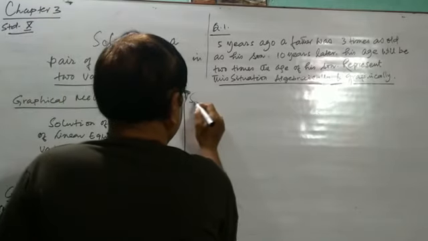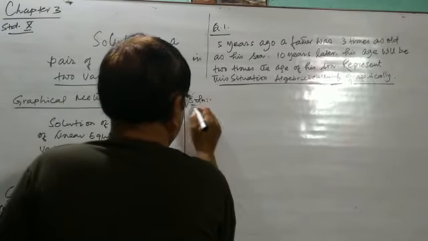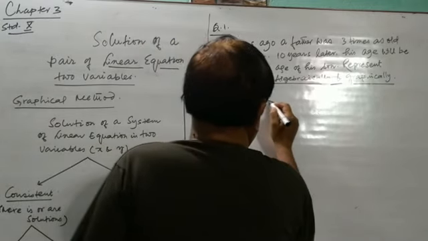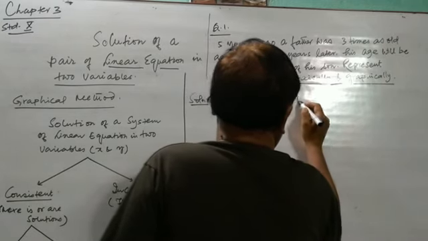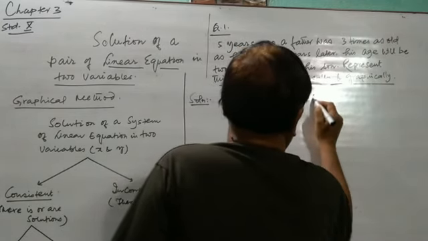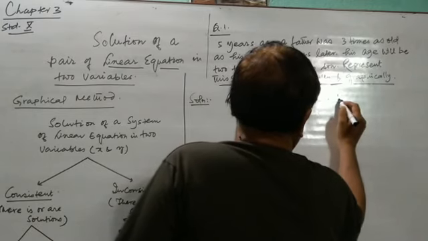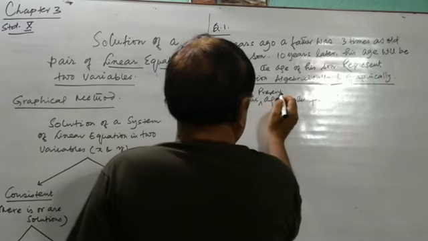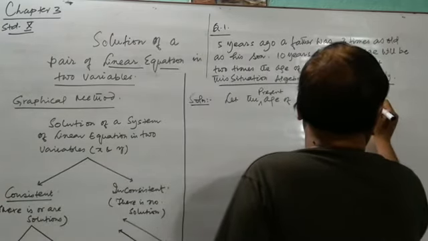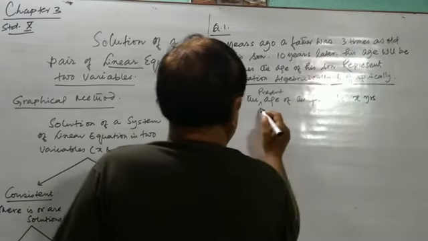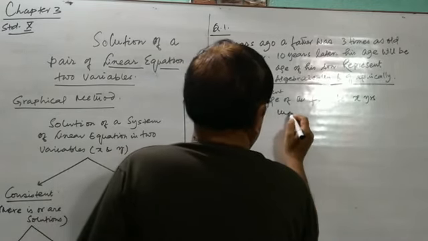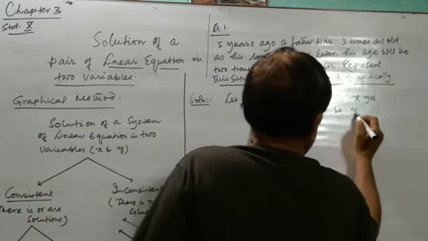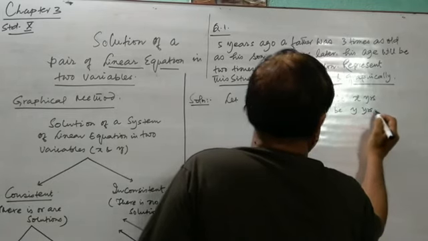So, I am giving the solution of it. Let the present age of the father be X years and that of the son be Y years.